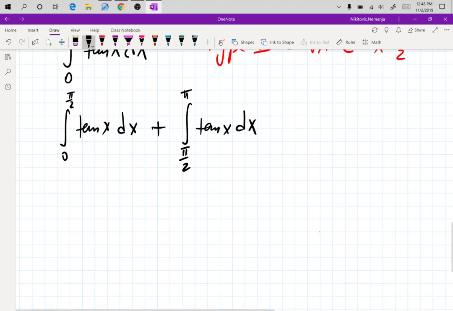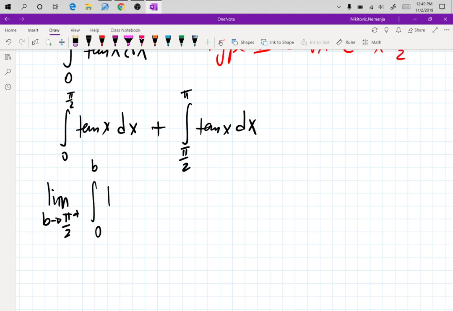And now give it two separate limits. Limit b goes to pi over 2 from the left, no, from the right, of the integral 0 to b. And then tangent I'm just going to write as sine over cosine.